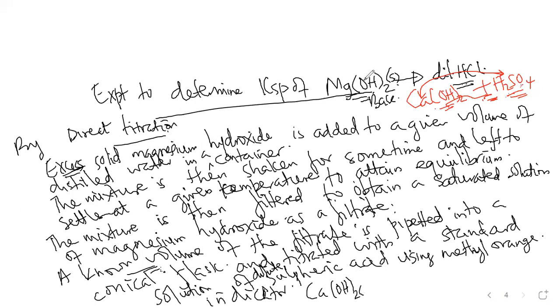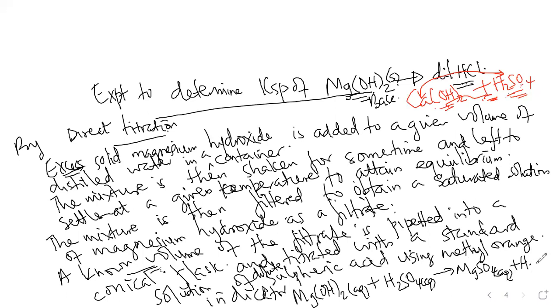This is magnesium hydroxide, sorry. So we have magnesium hydroxide plus sulfuric acid, giving us magnesium sulfate and water, a self-balancing equation. So this is the equation that's going to help us work out the treatment of results.